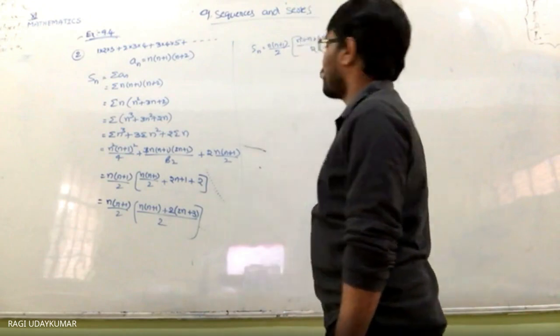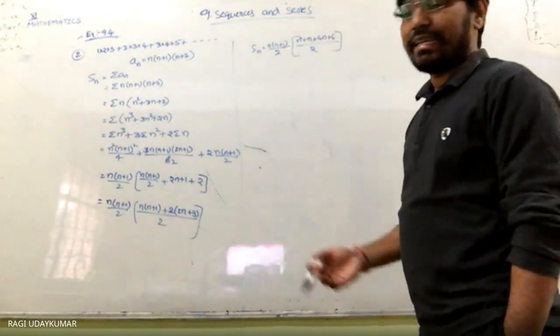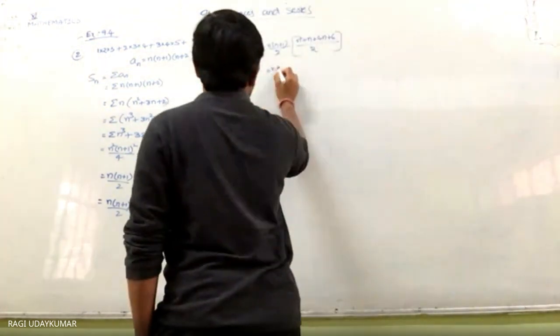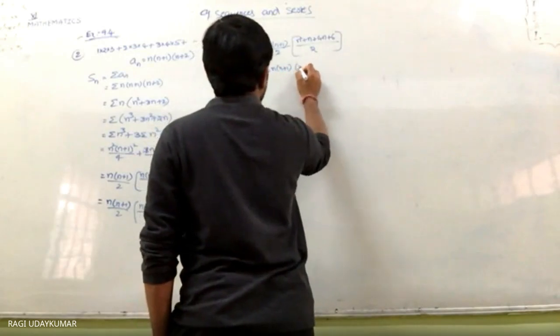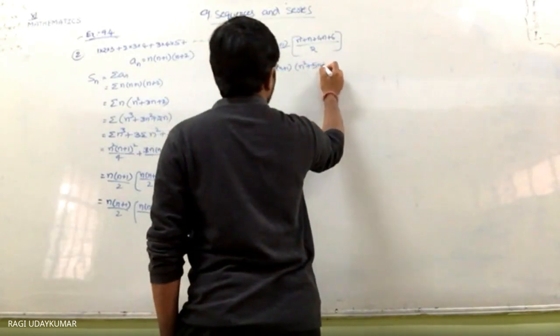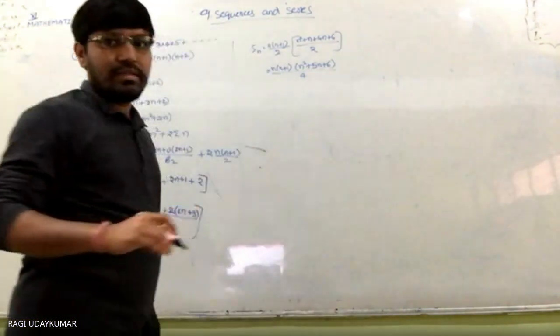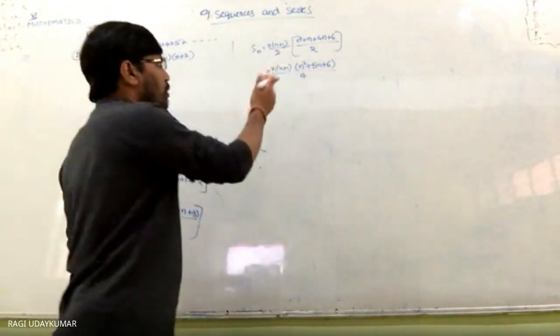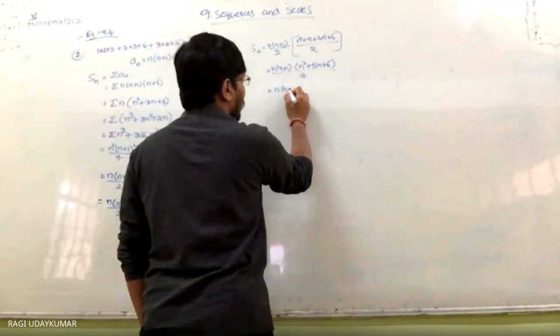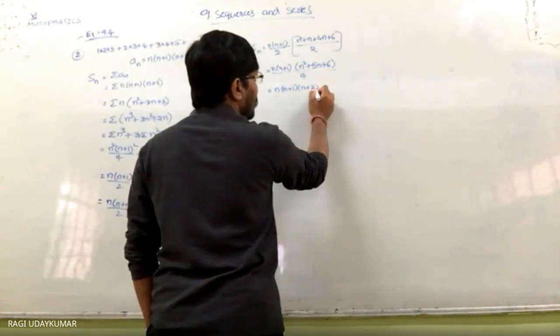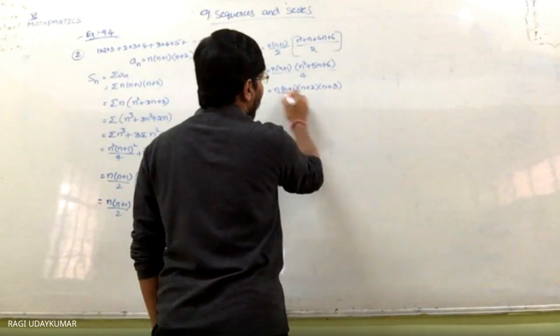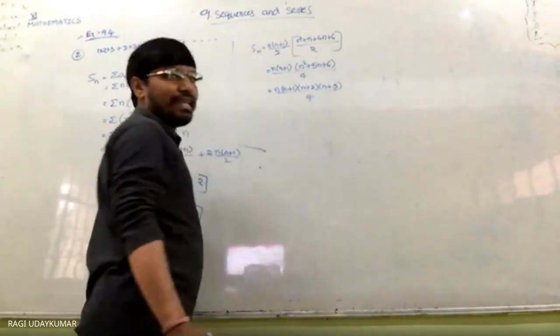So n square plus 5n plus 6 we have to factorize. If it is possible to you, factorize n square plus 5n plus 6 by 4. We can split this. 3 twos are 6. So n plus 2 into n plus 3, is it. So n into n plus 1 into n plus 2 into n plus 3 by 4. Factorized.